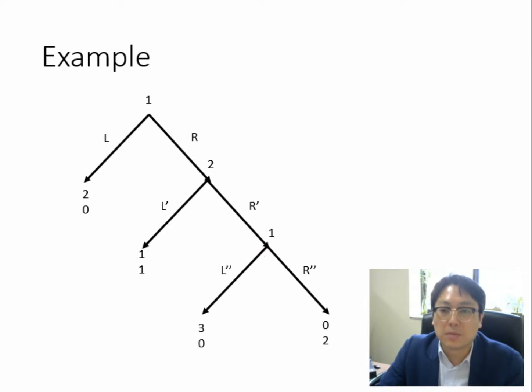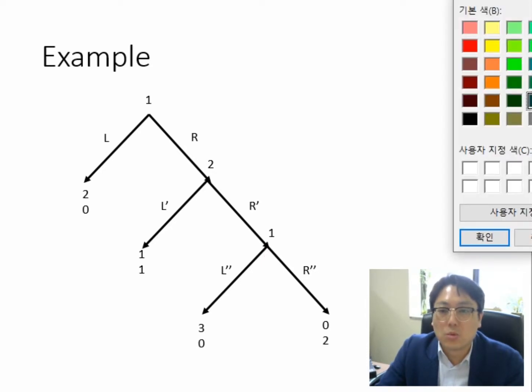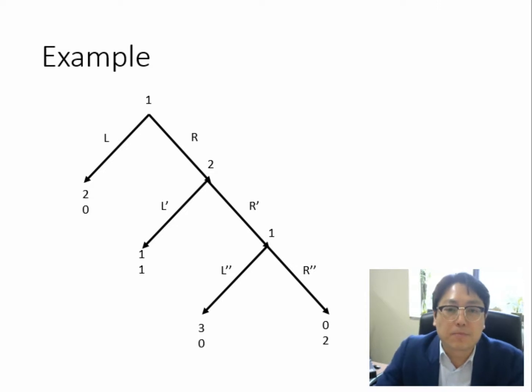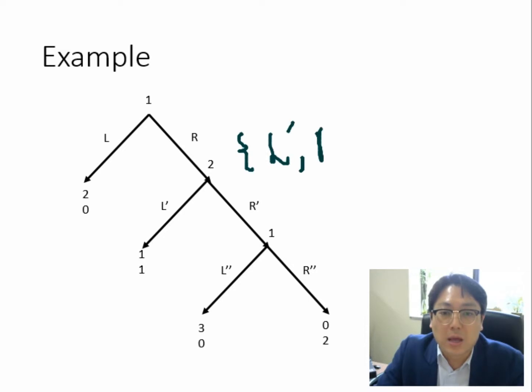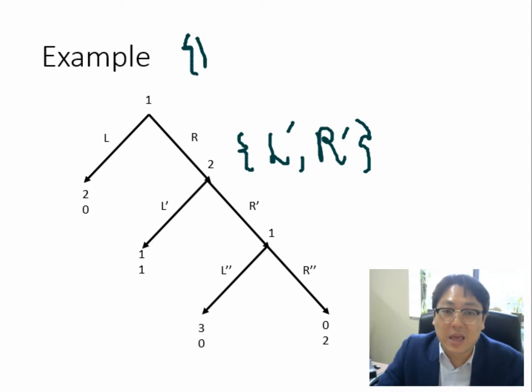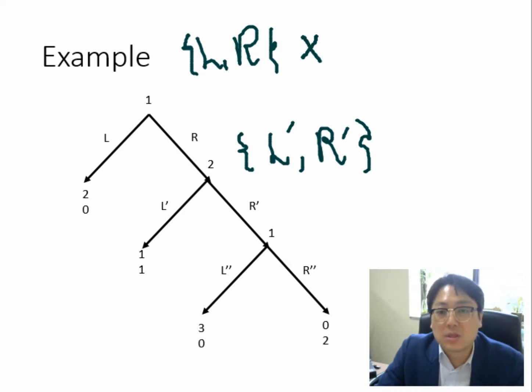So again, the second player's strategy set is L prime and R prime. But the first player's strategy here is L or R, and we use this symbol for the Cartesian product.